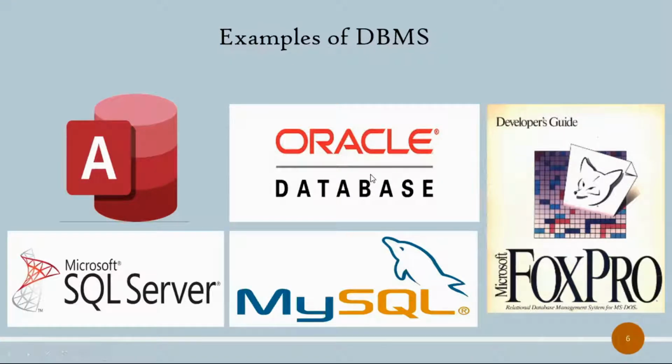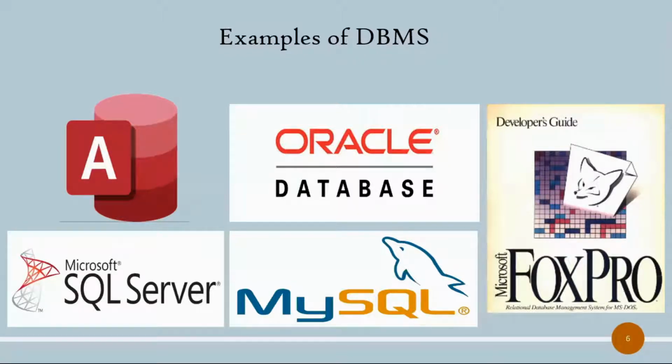Oracle database is mostly used by big companies that deal with a lot of data or information. We have Microsoft FoxPro. Microsoft FoxPro was one of the first databases designed by Microsoft.